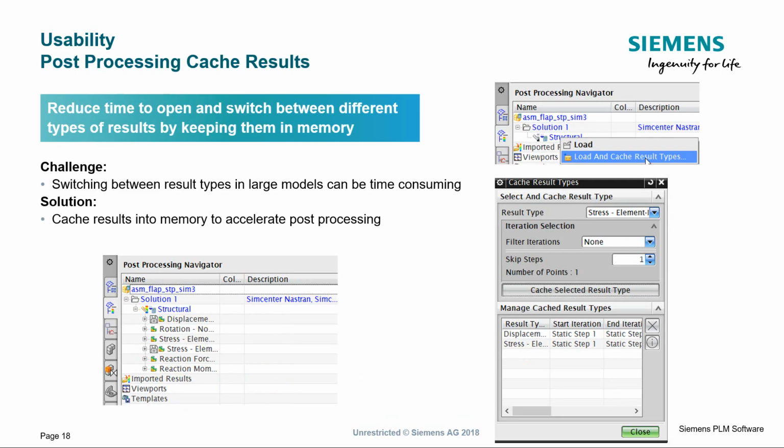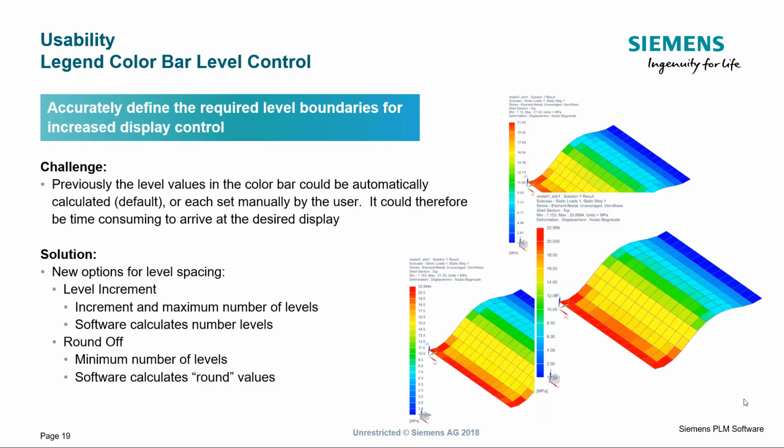One new capability in post-processing that's particularly helpful when working with large results is the ability to cache results so that you can easily and quickly open them and switch between different result types. We now have some new spacing options when defining the color bar in the legend, we can specify either a level increment or a round off.